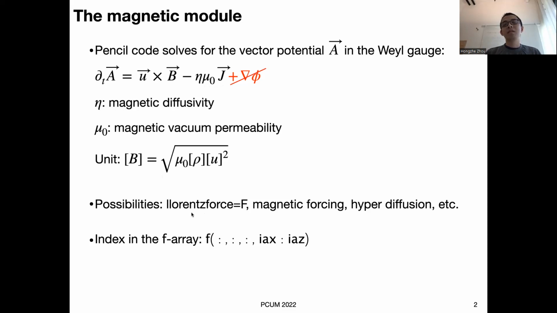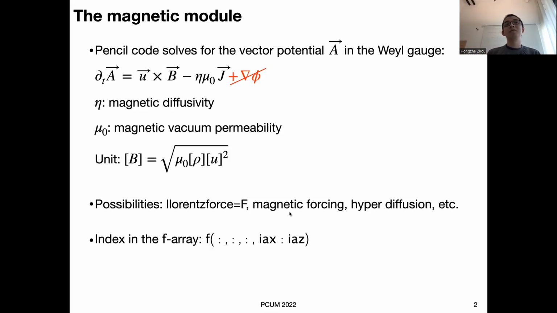The Pencil Code is extremely versatile, and there are a lot of possibilities. For example, you can turn off the Lorentz force in the Navier-Stokes equation. This is not something that naturally happens in nature, but it's sometimes interesting to do such experiments. By using this option, you don't have the J cross B term in the Navier-Stokes equation.